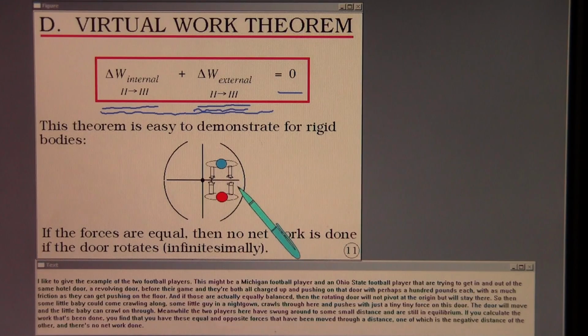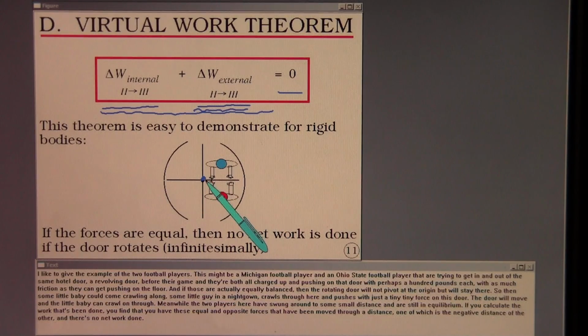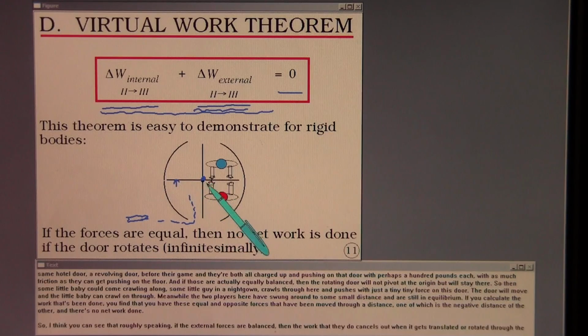And if those are actually equally balanced, then the rotating door will not pivot at the origin, but will stay there. So then some little baby could come crawling along, some little guy in a nightgown crawls through here, pushes with just a tiny, tiny force on this door, the door will move and the little baby can crawl on through. Meanwhile, the two players here have swung around to some small distance and are still in equilibrium.